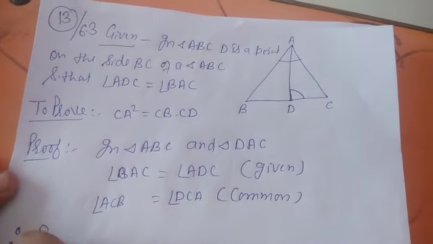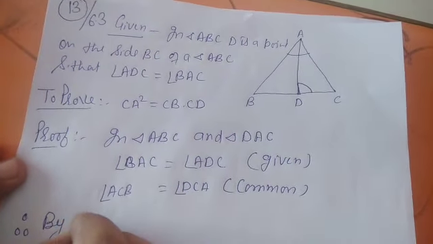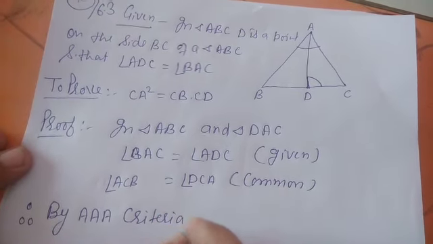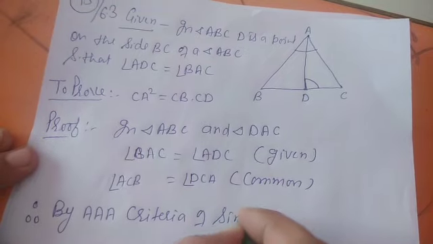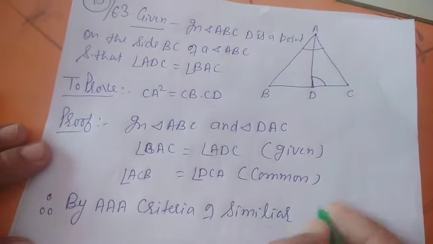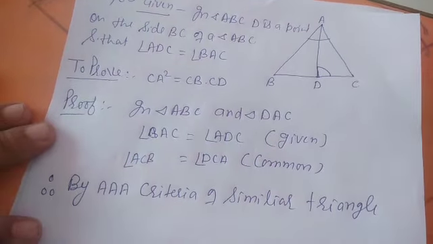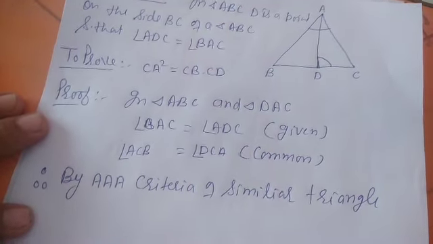Therefore, by AA criteria of similar triangles, what's the similar triangle?